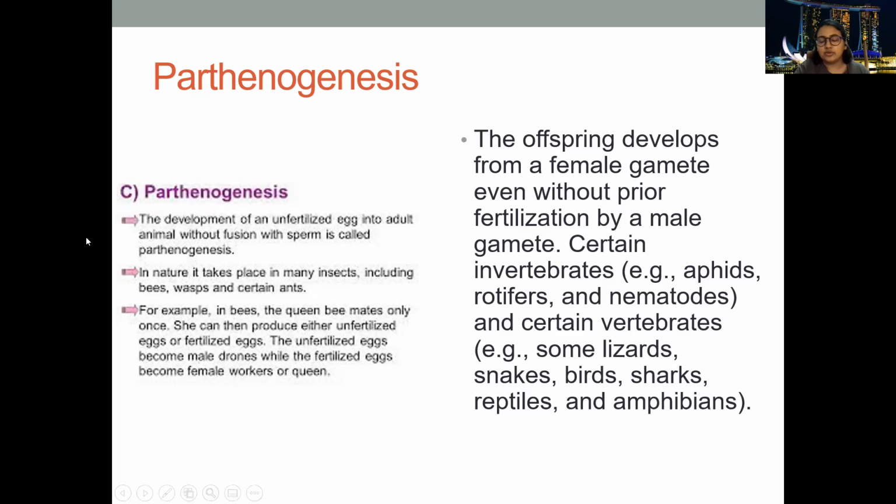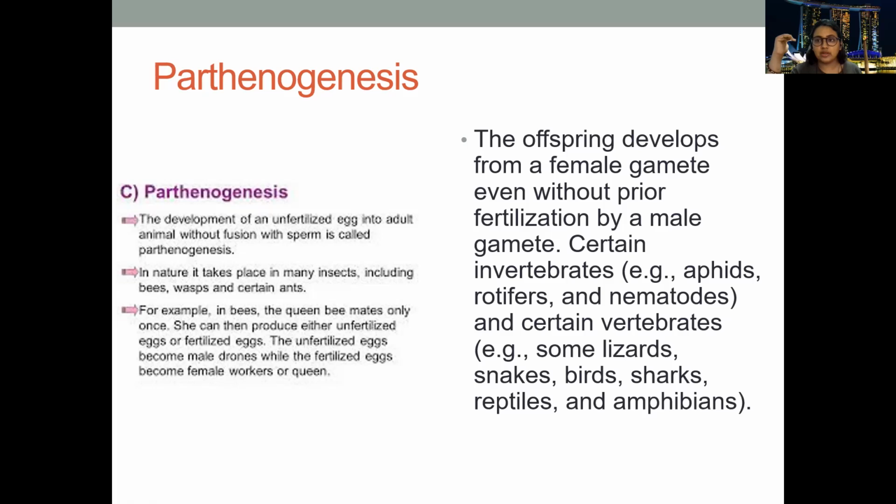In the case of bees, unfertilized eggs become male drones, while fertilized eggs become female workers or the queen.